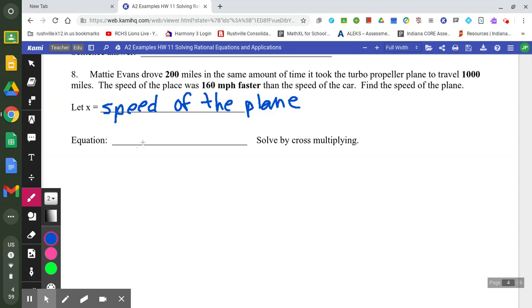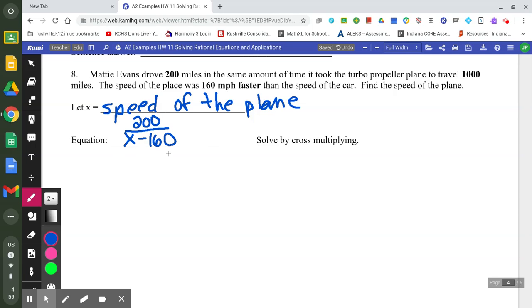So our equation is going to be the amount of miles, so 200 miles, and she drove 200 miles, and we don't know the speed of the plane, but we do know that her speed was 160 miles less than.